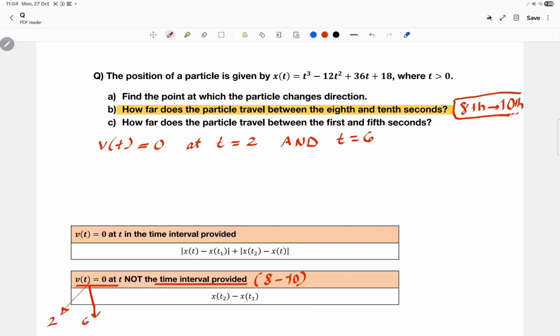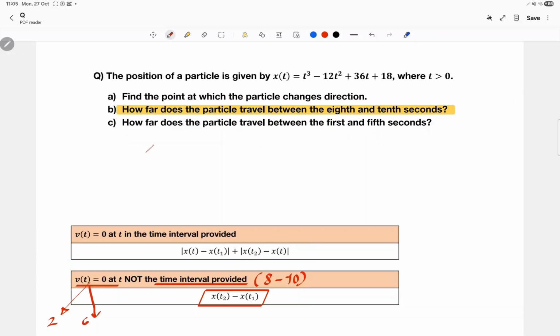So if that's the case, it basically means that we have to use this equation, which is the simpler version of things. Now, let me show you how that's going to be done. We will just say x at the time of 10 minus x at the time of 8. That means you must go back and replace every single time here with a 10, apply the equation, minus replace every single time here with an 8, and apply the equation.